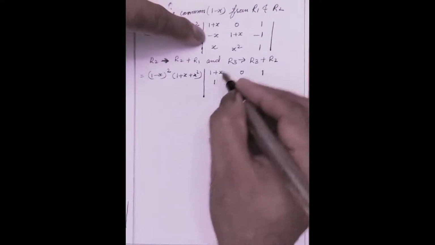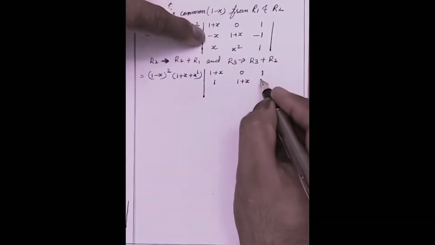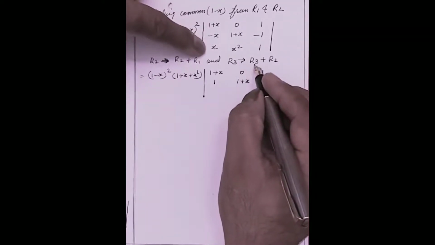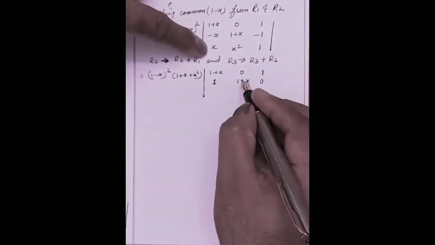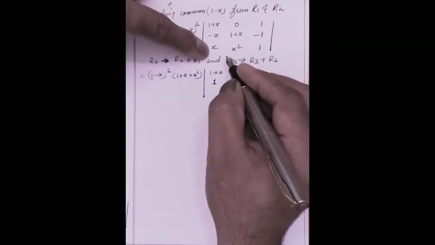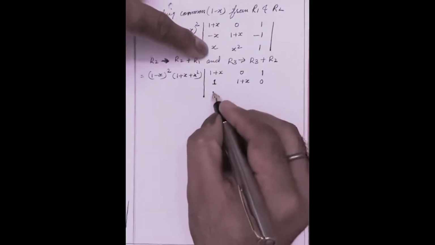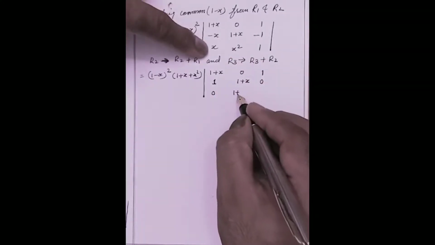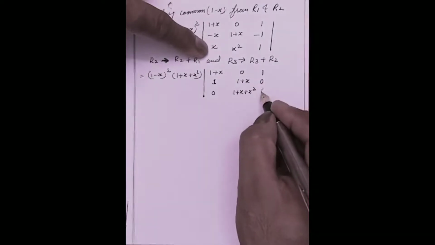So we have 1. Here 1 plus x plus 0, 1 plus x, and minus 1 plus 1, 0. Also r3 is going to change with the help of r3 plus r2. So now what will happen? r3 is this one with the help of r2. So x minus x is 0, and here we will have 1 plus x square, addition of these three, and there also 0.